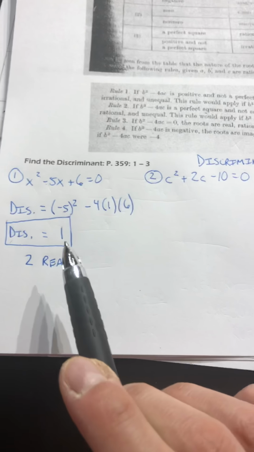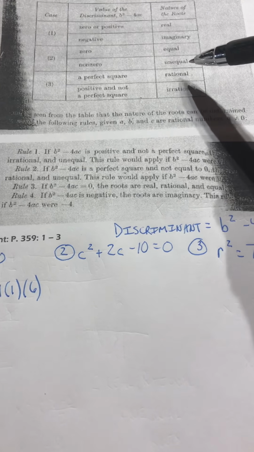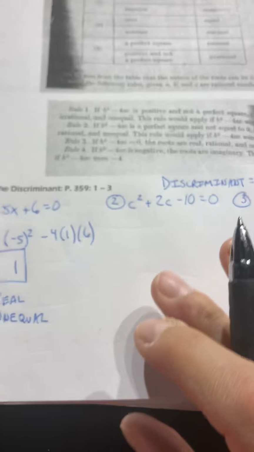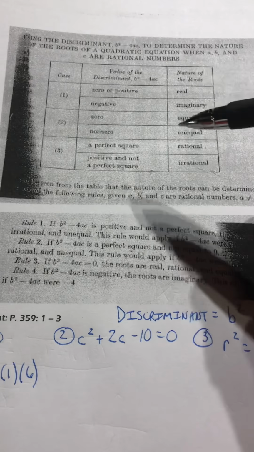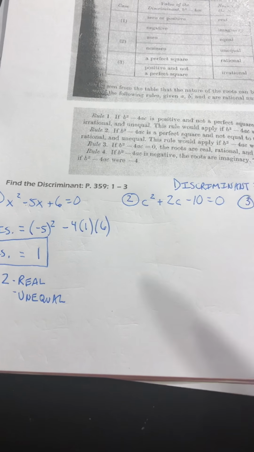Well, 1 is obviously non-zero, so therefore it is unequal. So 2 real, unequal, which means, once again, not the same. And then we look at case 3. Is it a perfect square or is it a positive non-perfect square? Well, 1 is a perfect square, so because of that, it's rational. And then we just write roots.